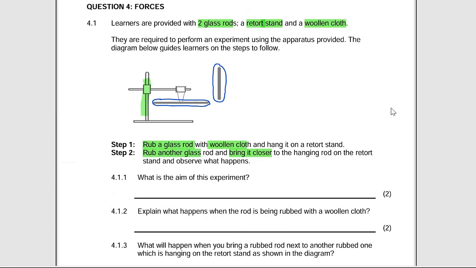So the aim is to investigate static electricity through rubbing. So that's our aim there.